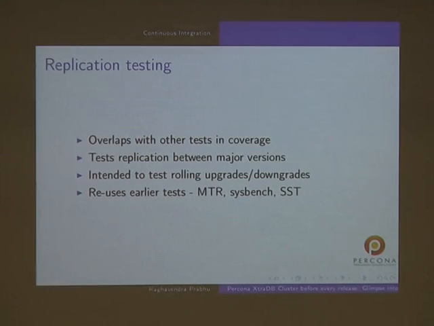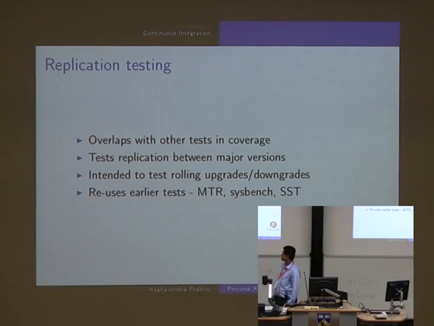Finally, there's replication testing. There is a certain degree of overlap in coverage with other tests. I wrote this basically to test replication between major versions like 5.5 and 5.6 and vice versa, to facilitate rolling upgrades, which can be very hairy at times. So this is for testing upgrades and downgrades. It reuses earlier tests which I mentioned, like MTR, Sysbench, and SST.